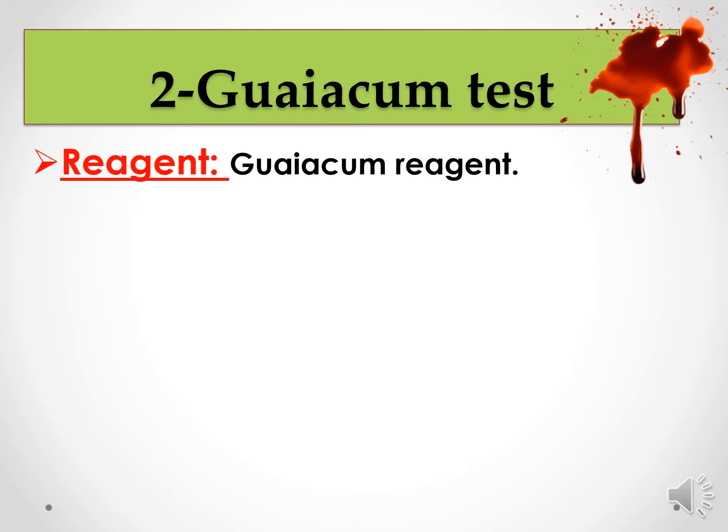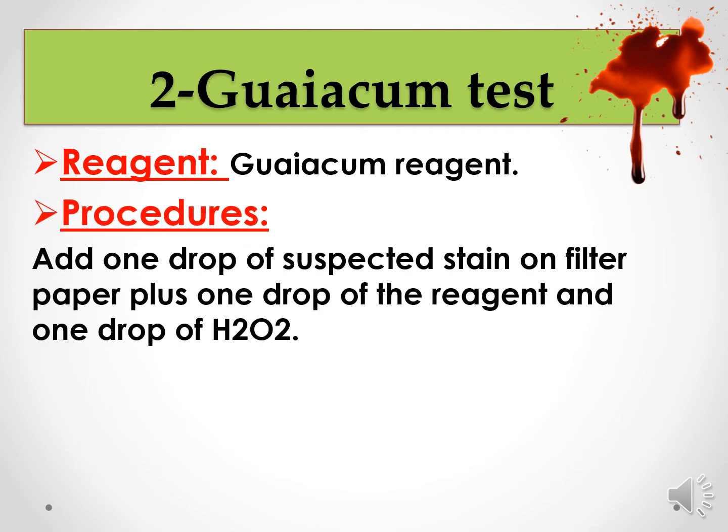Another test, the guaiacum test. Reagent: guaiacum reagent. Procedures as in the phenolphthalein test. Add 1 drop of suspected stain on filter paper, then put 1 drop of the reagent and finally put 1 drop of H2O2.